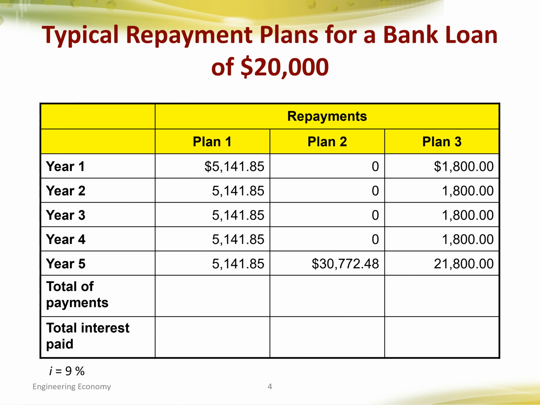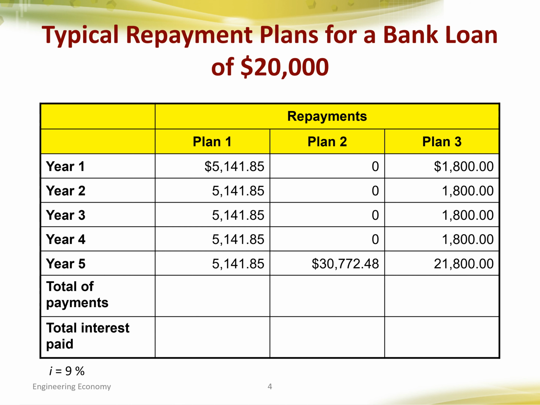If we do it in a different way, for example in Plan 2, we receive the payment at the end of the 5th year, and the amount is more than 30,000.